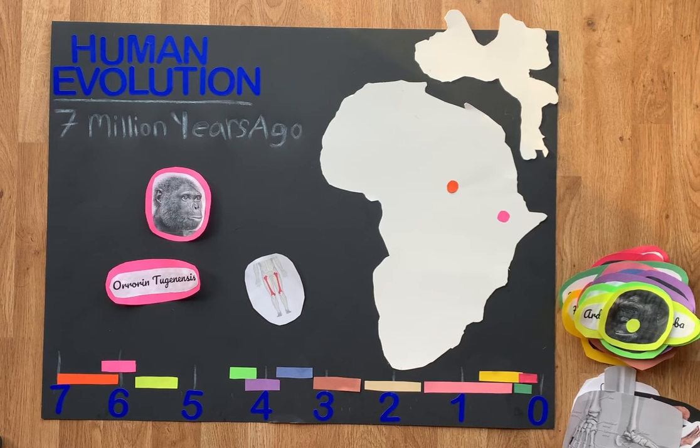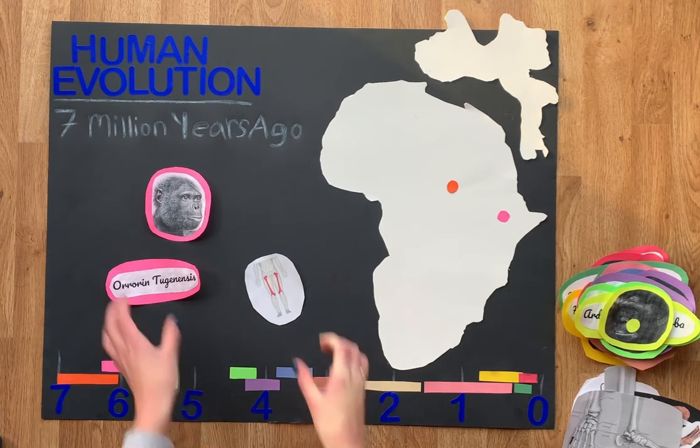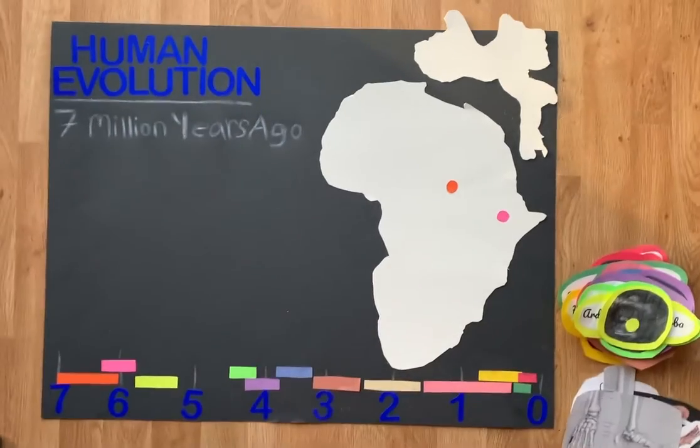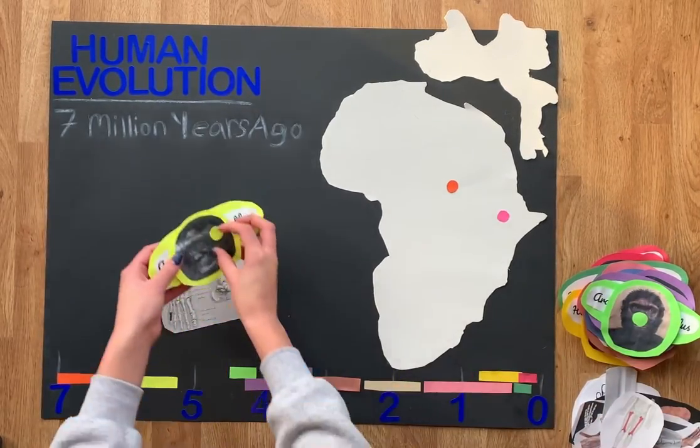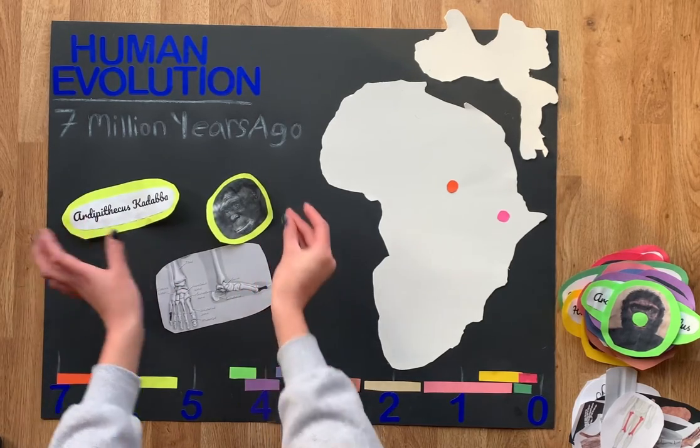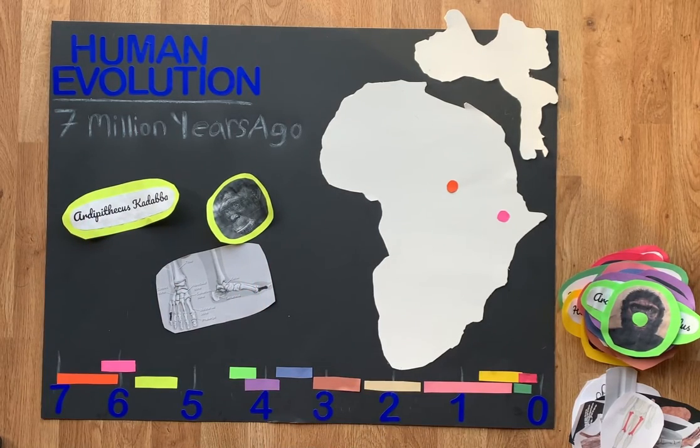Around 5.5 million years ago, the toe bone of this species, Ardipithecus kadabba, points to bipedalism, which is the ability to walk on 2 feet, and it evolved long before any other human-like traits.